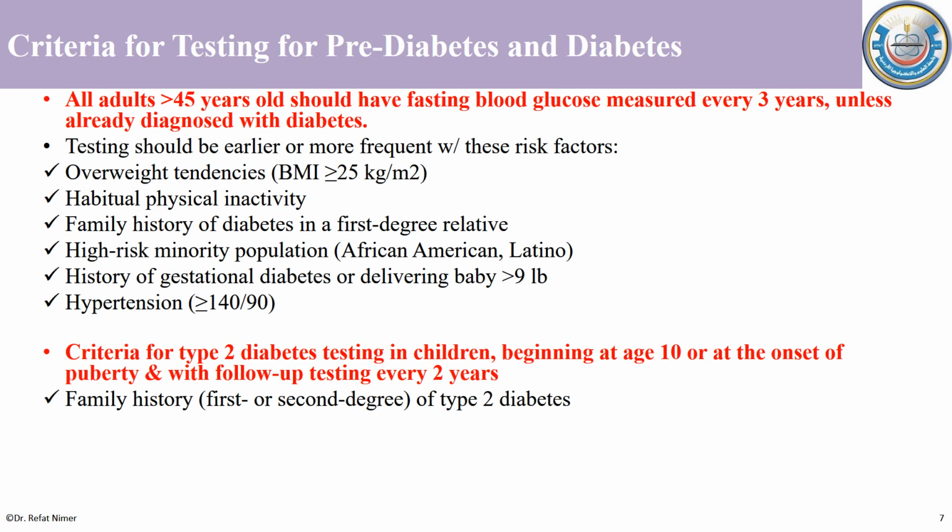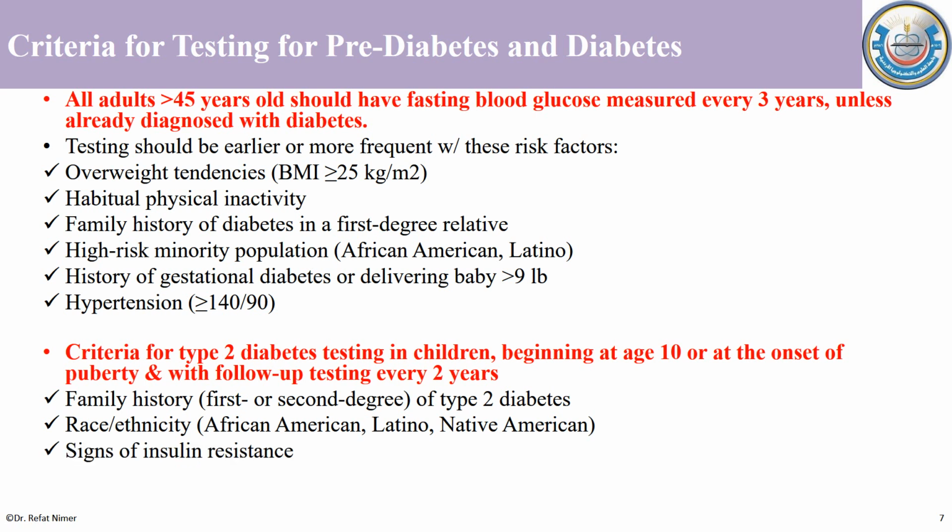These are children with a family history, first or second degree, of type 2 diabetes, race or ethnicity such as African American, Latino, Native American, signs of insulin resistance, and maternal history of diabetes or gestational diabetes mellitus.